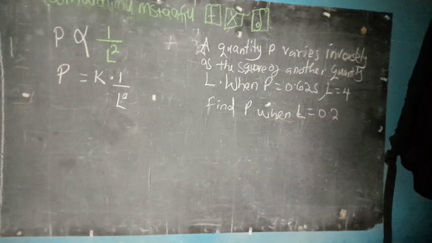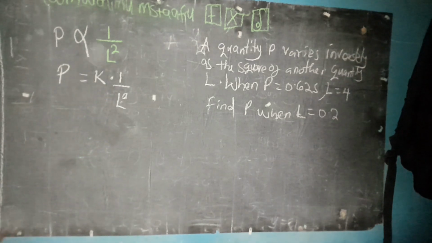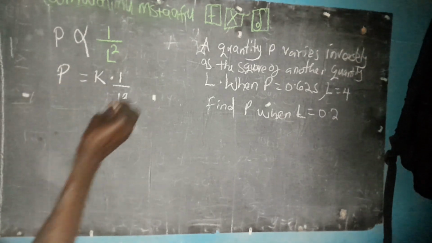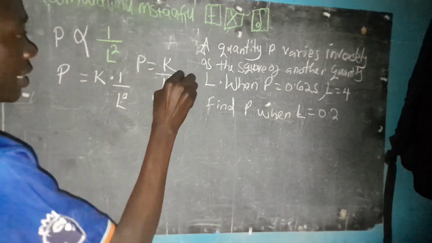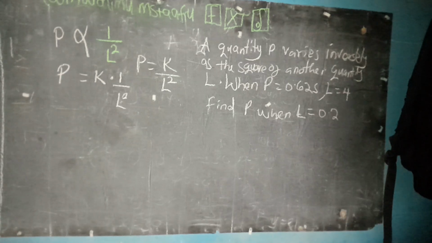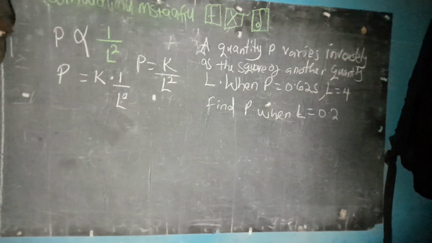I've introduced a constant k to remove this variation, so that I can now say that P is equivalent to k over L squared.